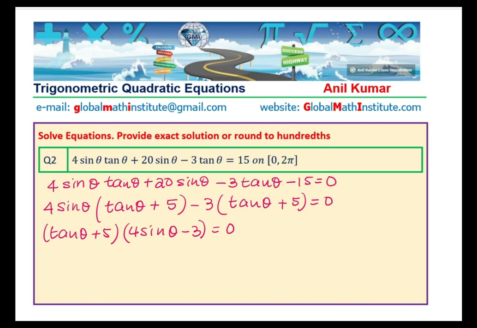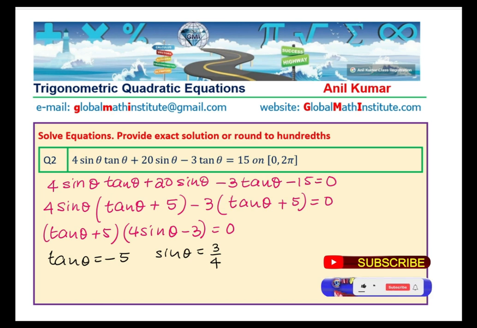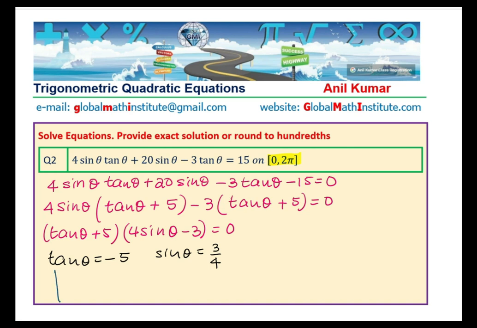So we have the solutions tan theta equals minus 5 or sine theta equals 3 by 4. Within the domain of 0 to 2 pi, tan theta is negative means we are looking at quadrants 2 and 4.